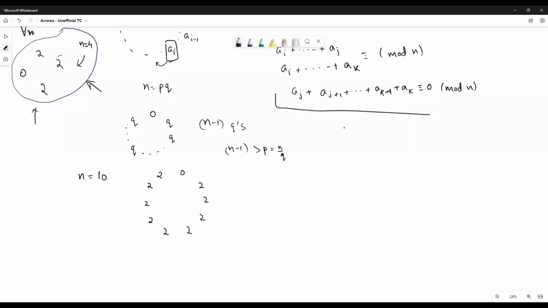And if we start at 0, we get 5 2's here. If we start at this 2, we get 5 2's here. We start at the next 2, we get 5 2's, and so on. In any case, we get 5 2's. So all composites fail. And this thing proves that.